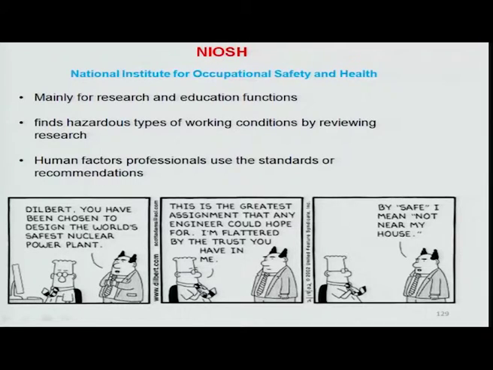So there is another side which is also working hand in hand with organizations like OSHA. There is this National Institute for Occupational Safety and Health, which mainly focuses on the research aspect of how guidelines could be revisited or changed from time to time based on different situations, okay, and it does have some educational functions which can be improved.